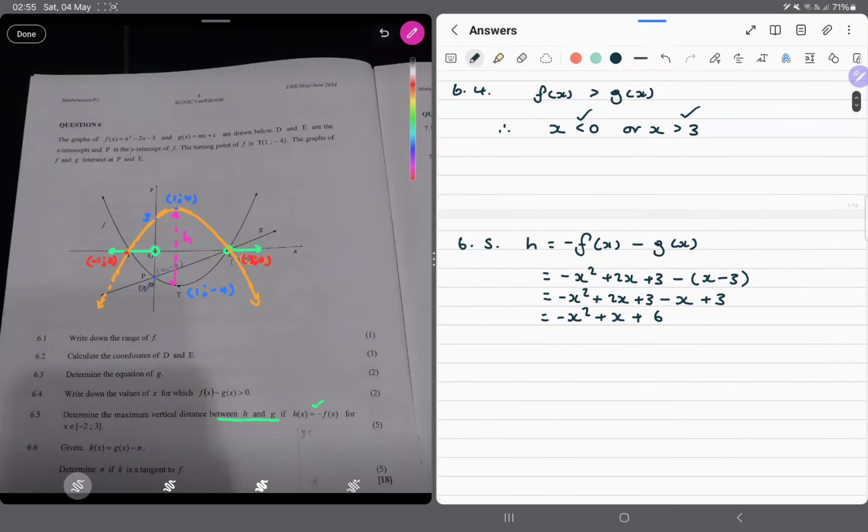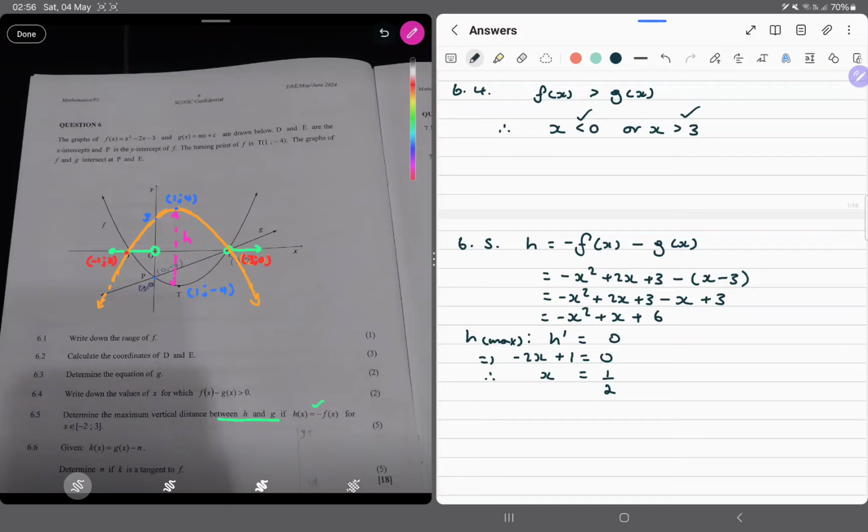So now we want this to be the maximum vertical distance. So we can say h max implies that h prime should be equal to 0. Now when we differentiate here, we get minus 2x plus 1 is equal to 0. Therefore x is going to be essentially a half.